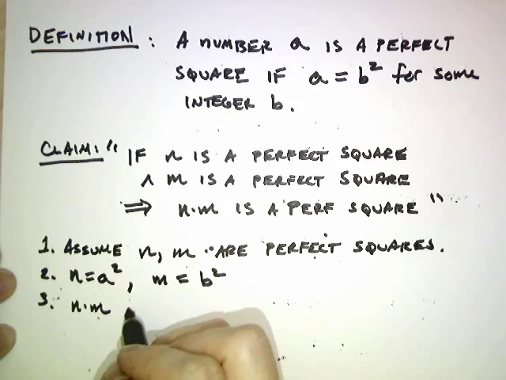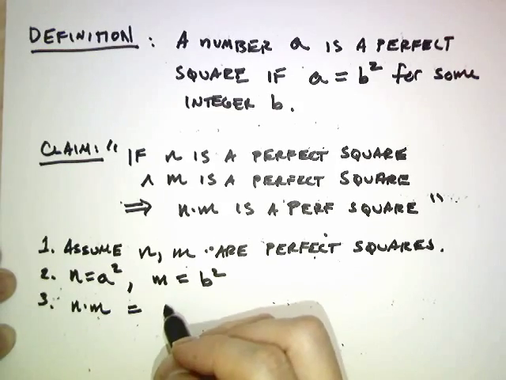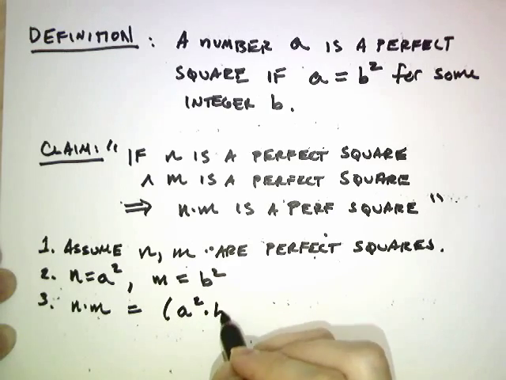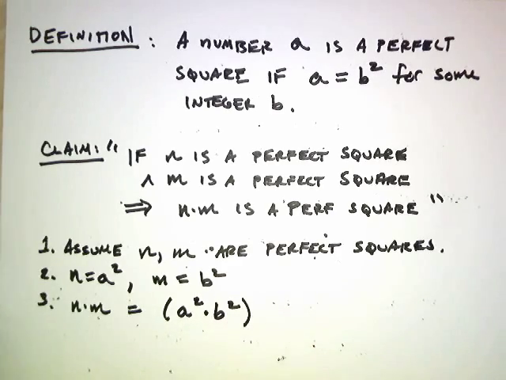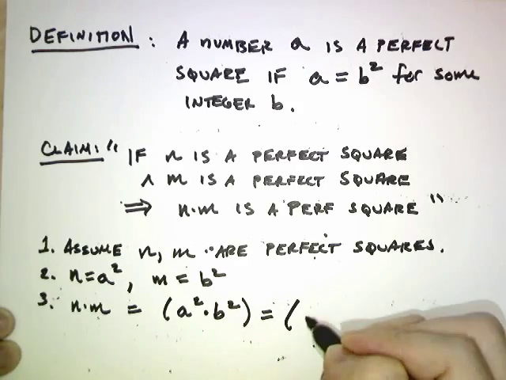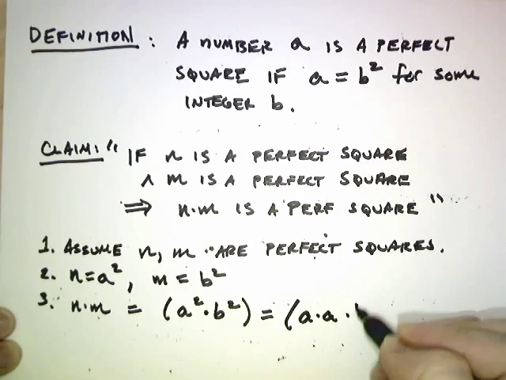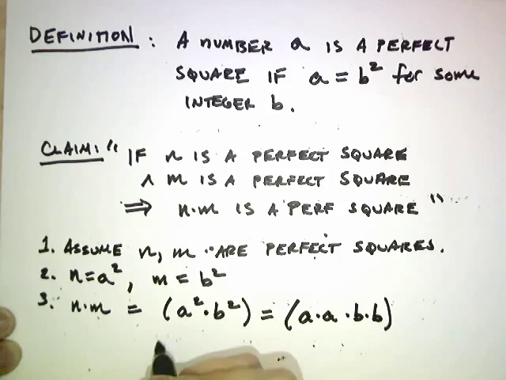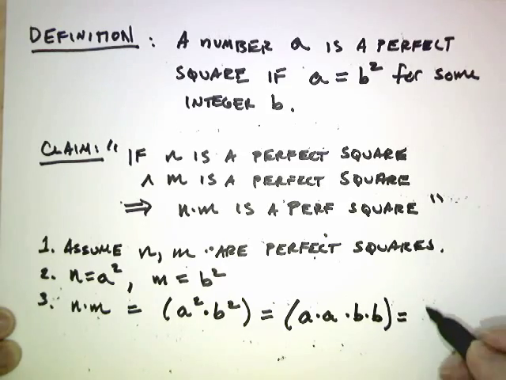Well, n times m, that's the same as writing a squared times b squared. Right? That's the same as writing a times a times b times b. This is also the same as writing a times b times a times b.